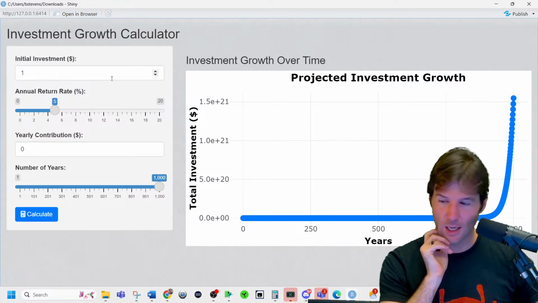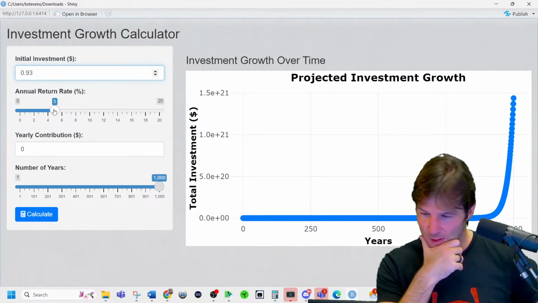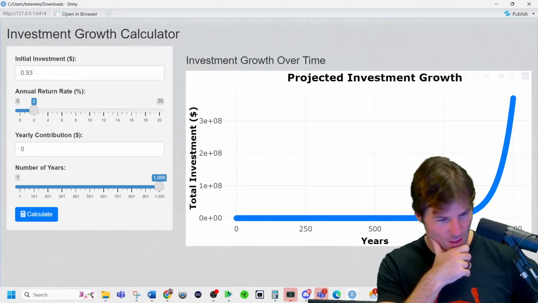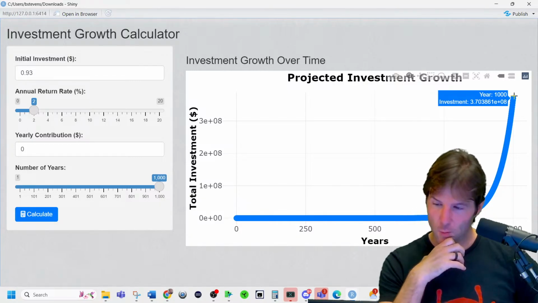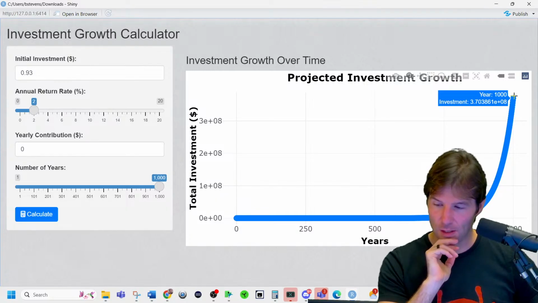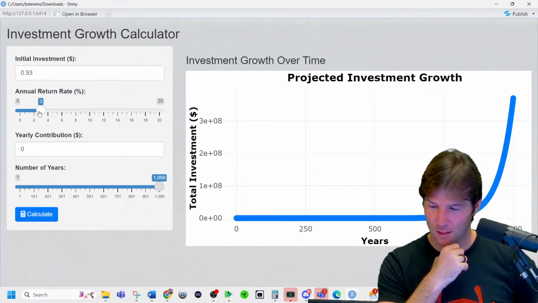He had 93 cents. And then how much money total did he have? Because you bring it down here to a 2% interest rate. He still has $370 million with 93 cents and a 2% interest rate. 4.5 billion at the end.